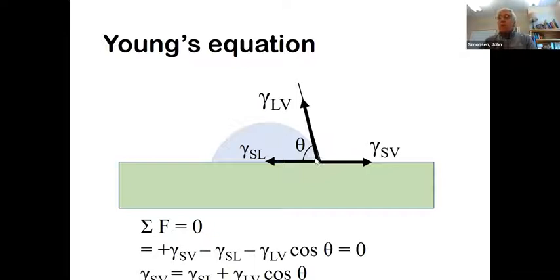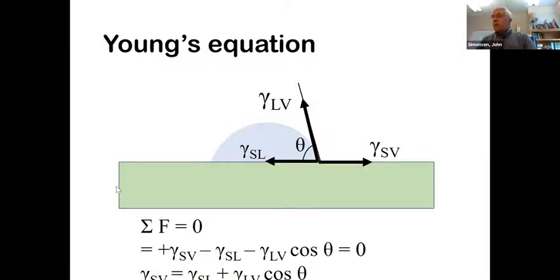We're interested in whether or not it spreads, so we're interested in forces going to the right and forces going to the left. The force from gamma LV that's going to the left is gamma LV cosine theta, right? So you could draw a little triangle here. So that's gamma LV cosine theta. Then you just rearrange it simply, and you get rid of the minuses, and you get gamma SV equals gamma SL plus gamma LV cosine theta.